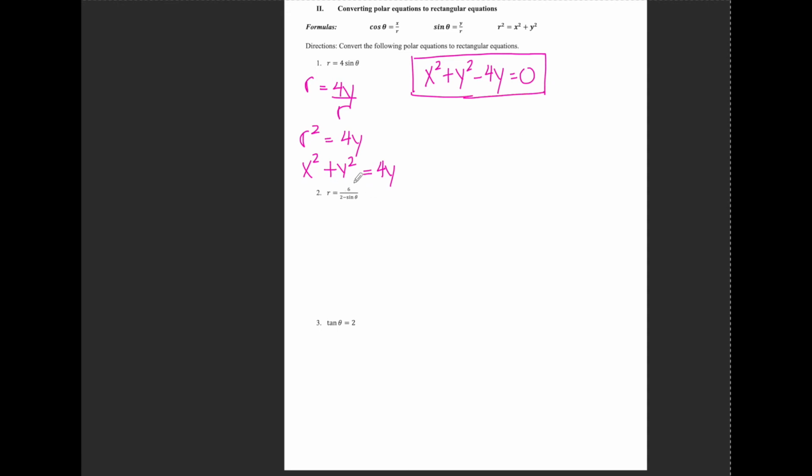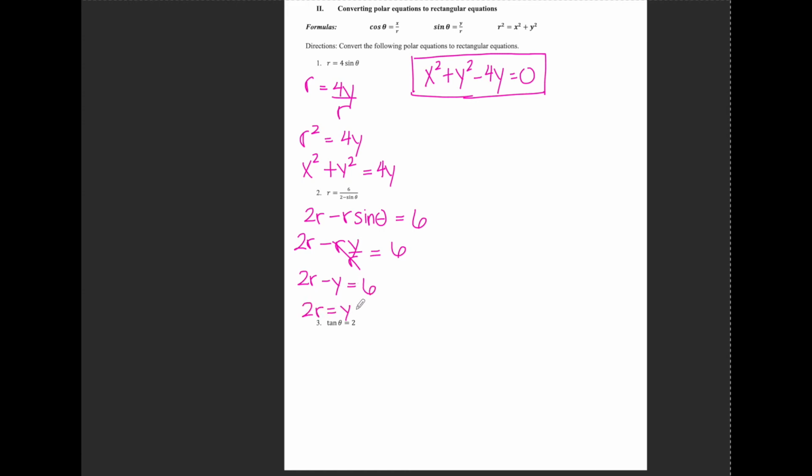Number 2, r equals 6 over 2 minus sine theta. I'm first going to cross multiply, so I have 2r minus r sine theta is equal to 6. From here, I'm going to replace the sine theta with y over r. These cancel out, so now I have 2r minus y equal to 6.